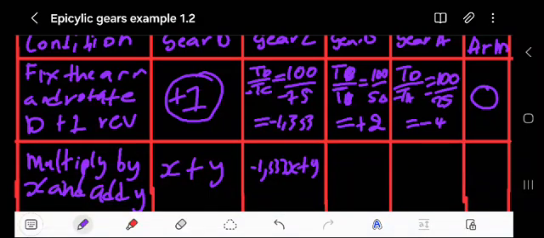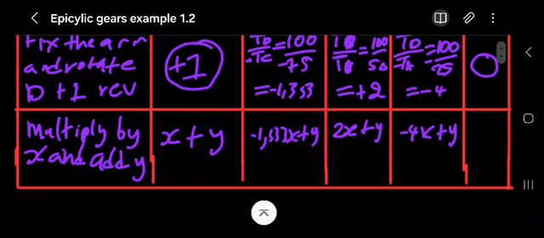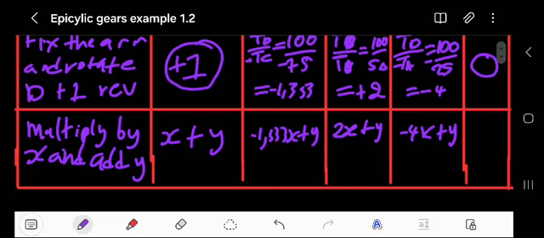This will be 2x, you add y, minus 4x, you add y, x multiplied by 0 will be 0, then you add y.